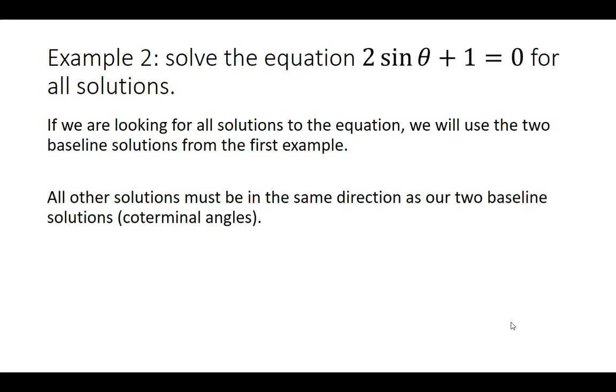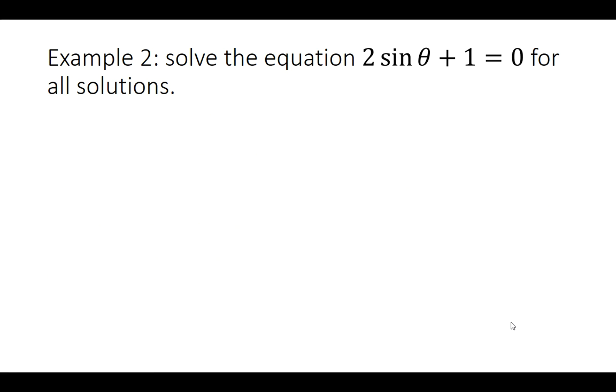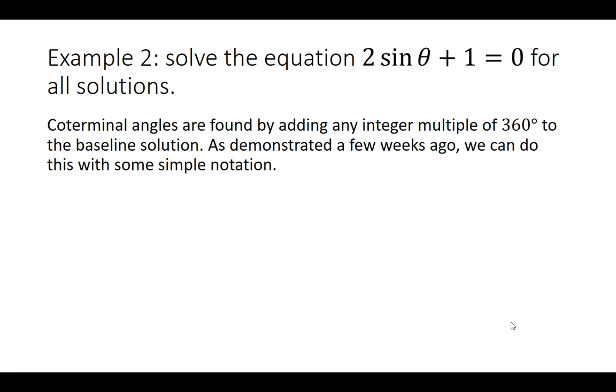We have seen this one time in the past, so I don't expect you to remember it, but it's just a matter of taking that baseline solution and adding on every possible coterminal angle. So we always get our coterminal angles by adding any integer multiple of 360 degrees to that baseline solution.